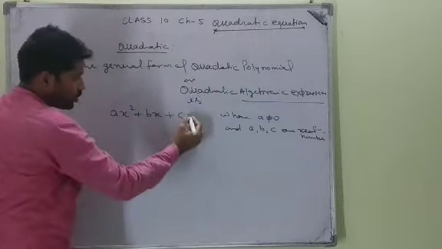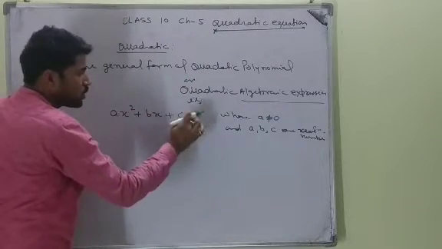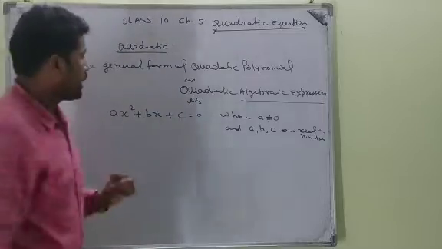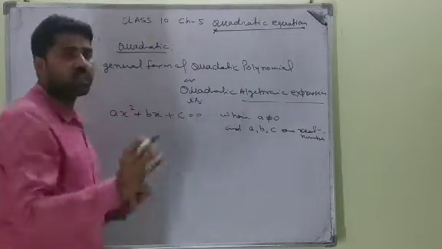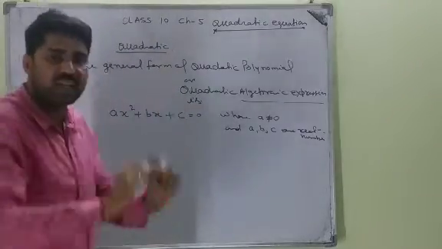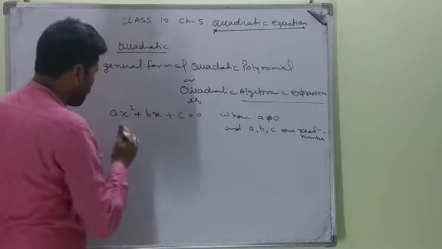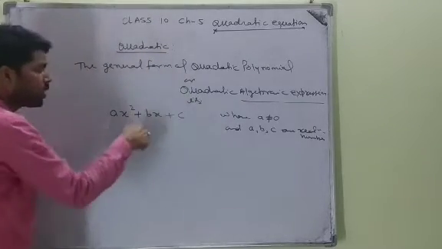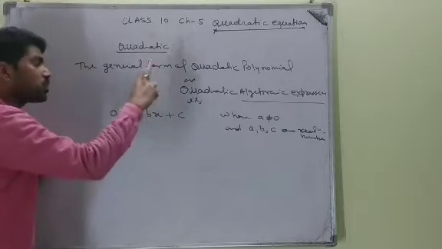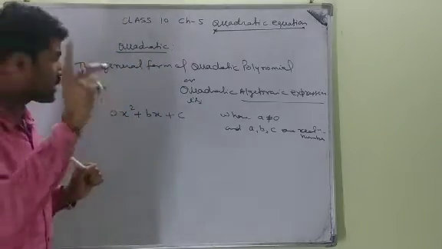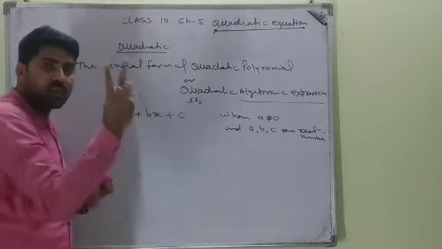Every equation should have an equal sign. Here I am talking about the quadratic polynomial. It has two zeros. Zero means x has two answers.